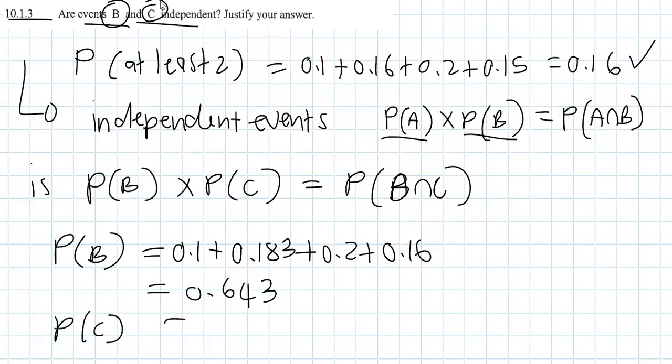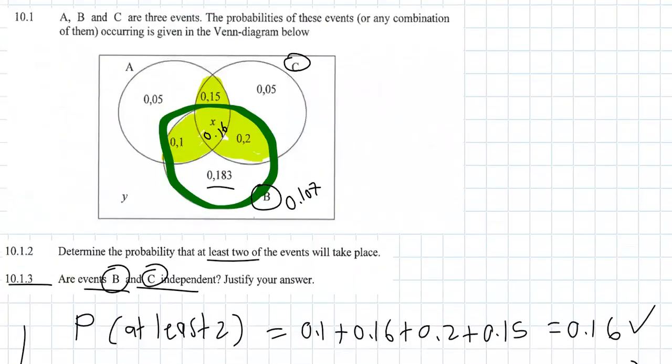Probability of C happening is going to be everything inside this C circle.